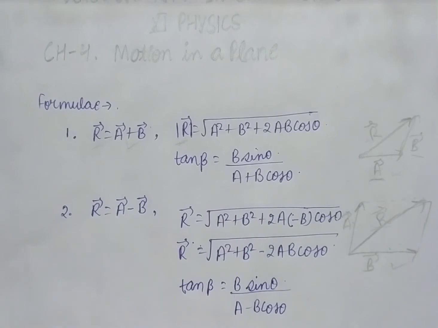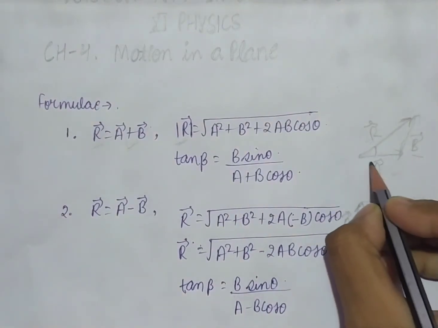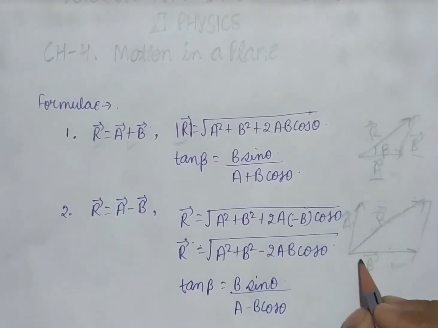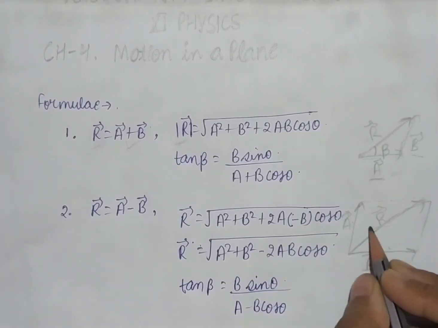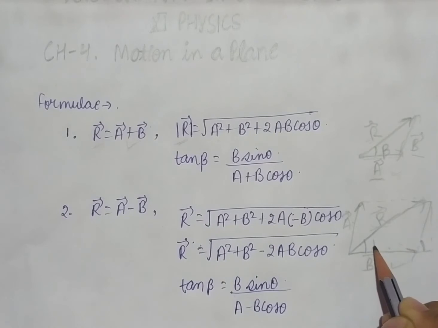And how will we find the angle that this resultant makes with the vector a? Let us consider this angle to be beta. The angle that the resultant makes with one of the vectors is beta.